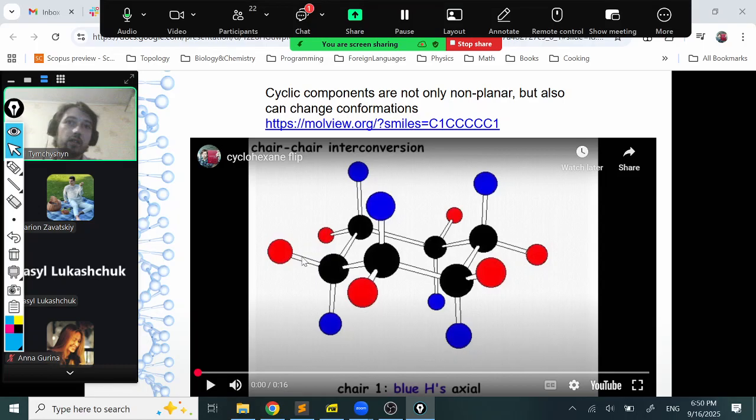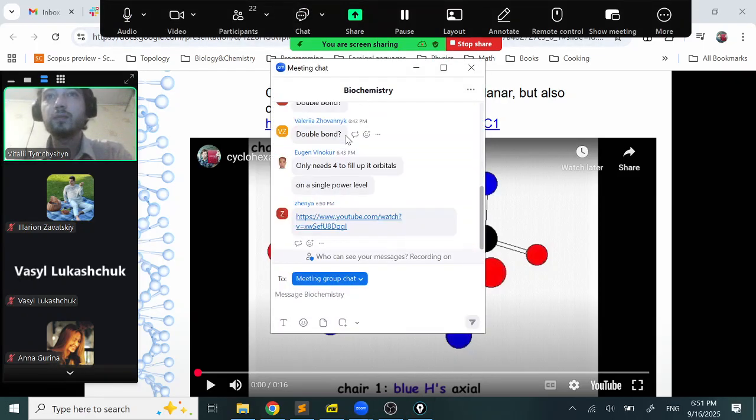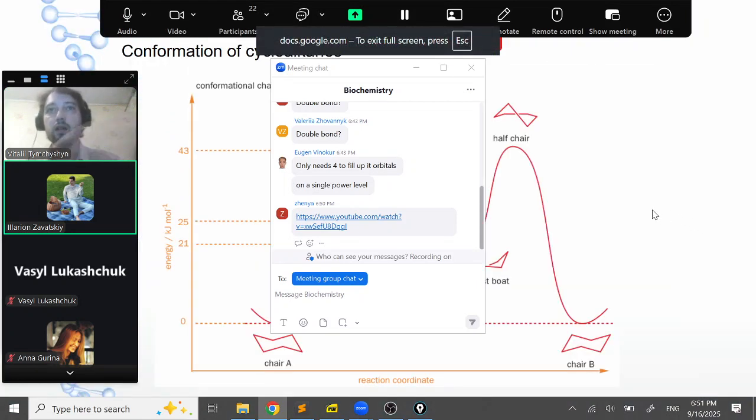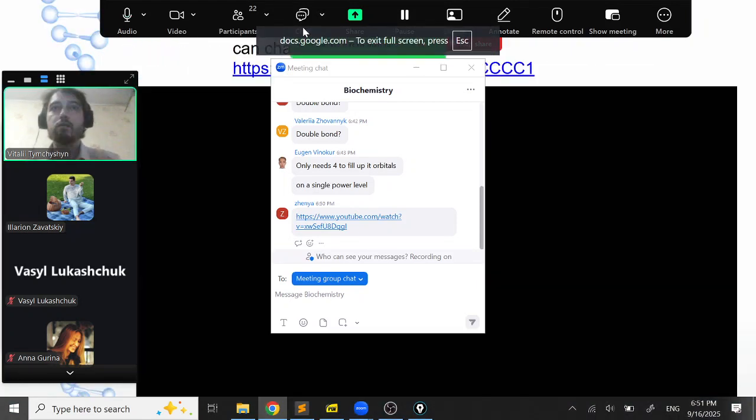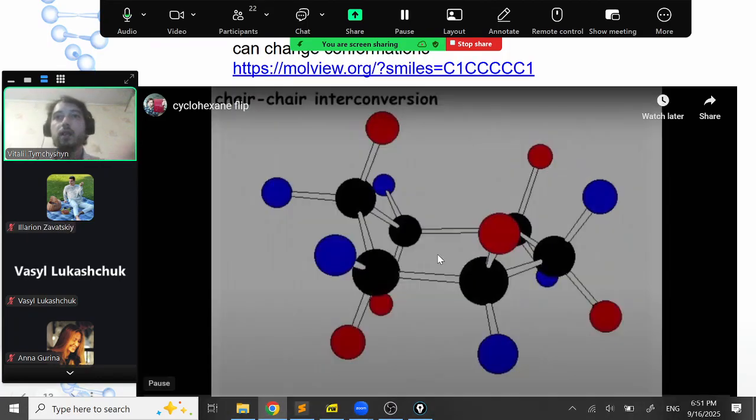Whatever is not axial is equatorial. So it tries to be in the plane of the ring. Of course, I cannot say plane because it's not planar, but I guess you might guess what I mean. So it's just about the position of atoms. Yes, it's all about the position of these atoms.